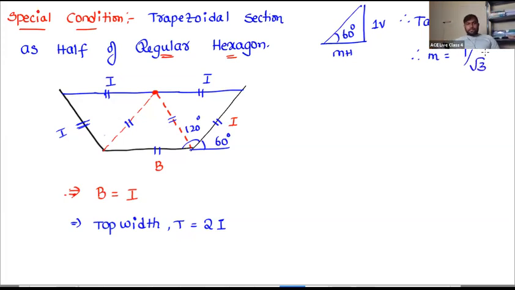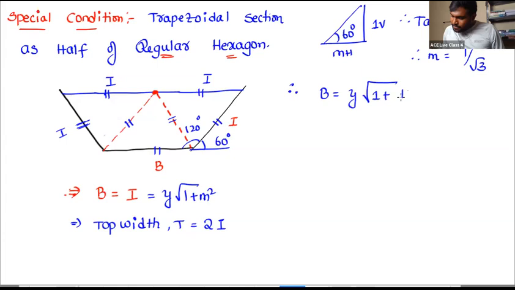Now apply these conditions, please. First of all, I want to convert everything in terms of y. What is B? B is nothing but l. What is l? y into root of 1 plus m square. Root of 1 plus m square means 1 plus 1 by root 3 squared, which is 1 plus 1 by 3, that is 4 by 3.